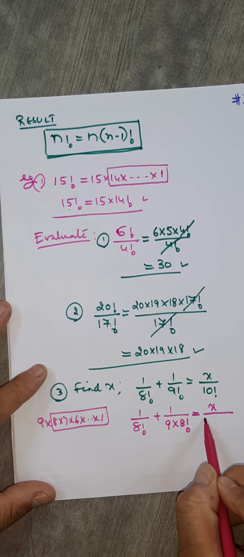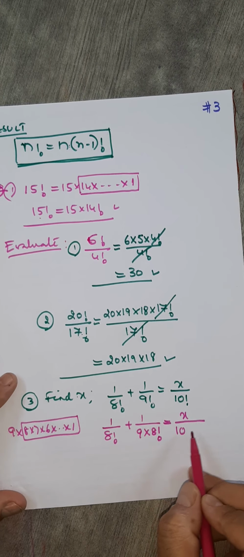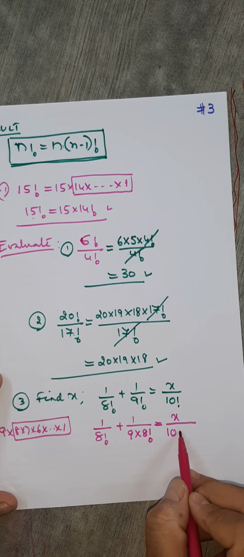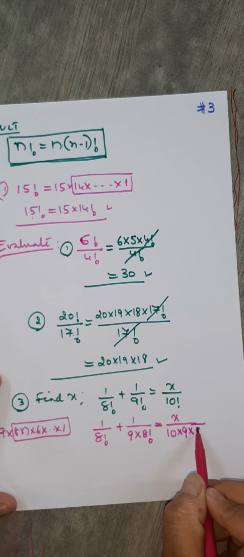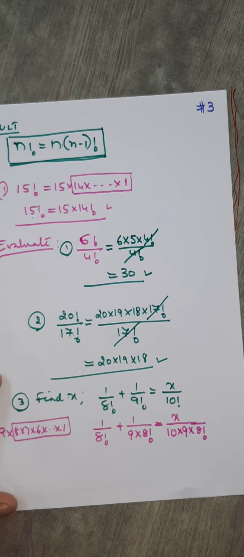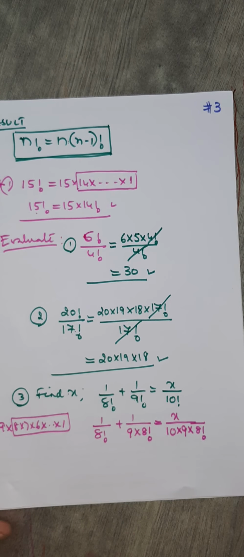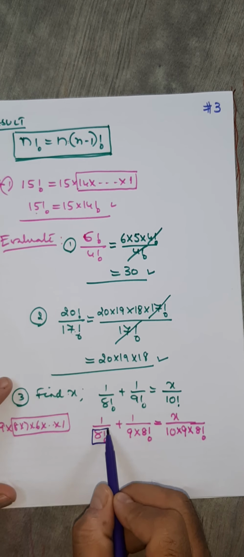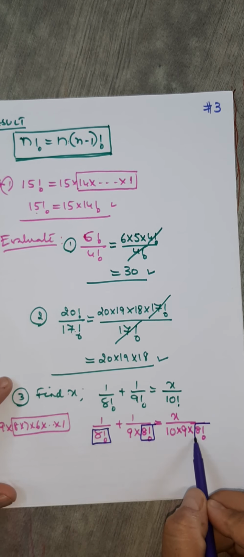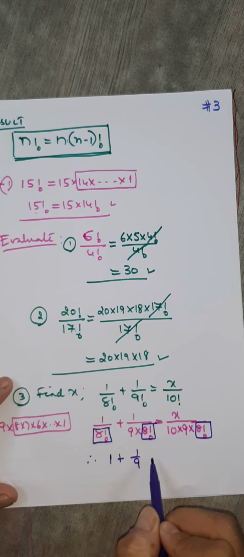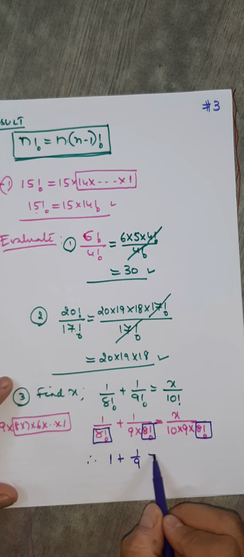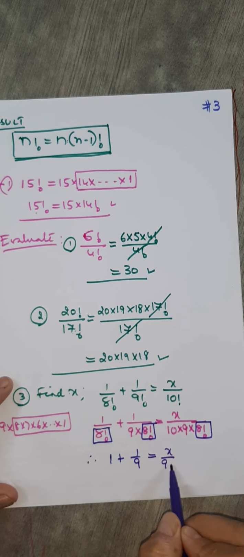x upon 10 into 9 into, I'm getting now 8. So I'll stop and write the factorial. Whenever you stop, put the factorial. Now you see everywhere you have 8 factorial. So you take this much common and you cancel from both sides. So what we get here is 1 plus 1 upon 9 equals x by 90.